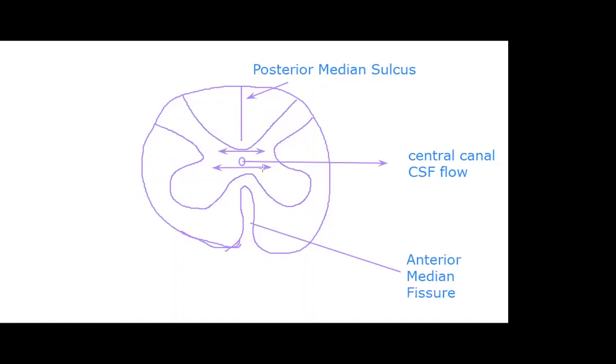So in this area right here, we will have the gray commissure, kind of where I put in between the two arrows. So think about it as a bridge so that information can travel across from side to side. Okay, that's your gray commissure.